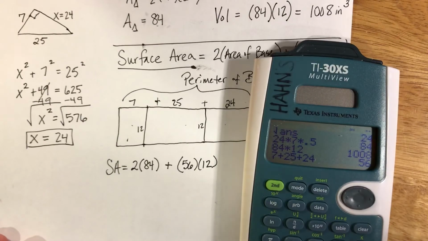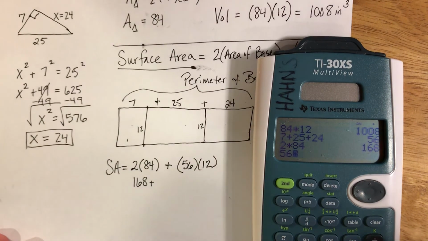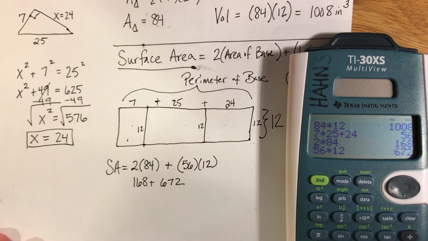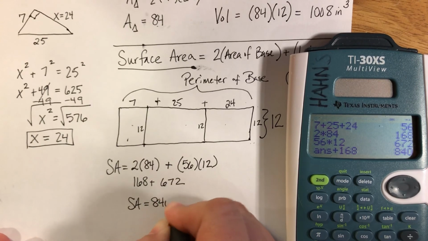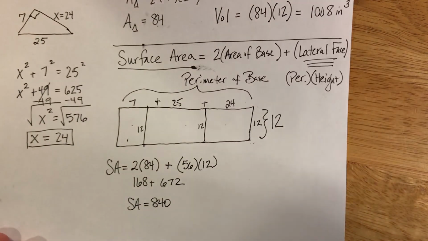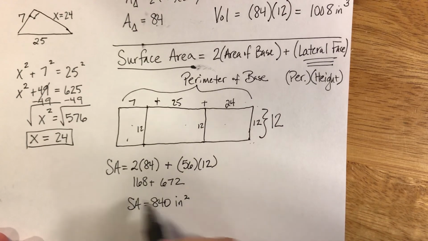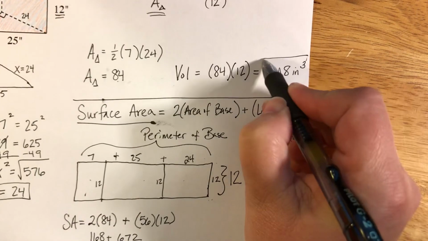Okay, so now I'm going to put this in my calculator. 2 times 84 is 168. 56 times 12 is 672. And then I can add them together, and I get that the surface area equals 840, and surface area is a measurement of area, so the units are squared. So there is my surface area, and here was my volume.